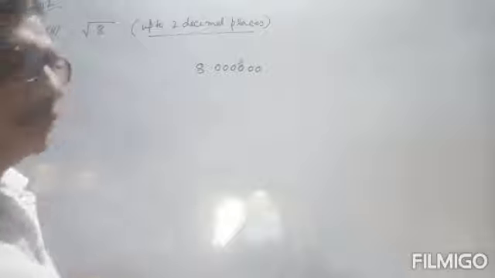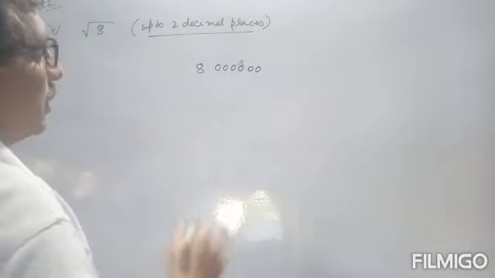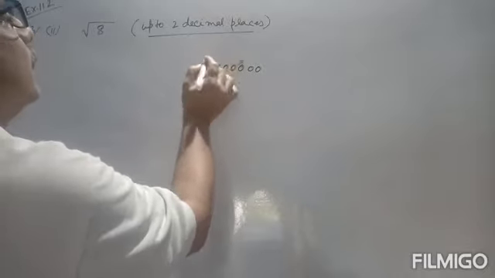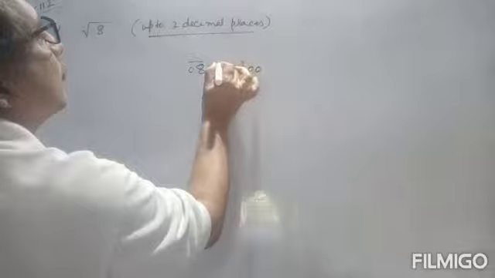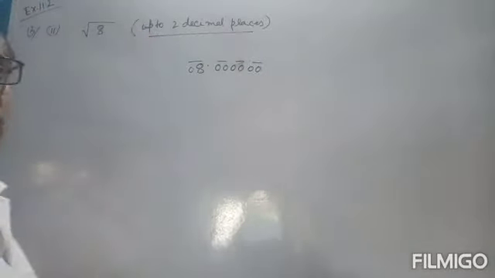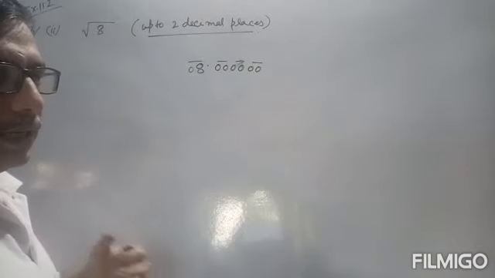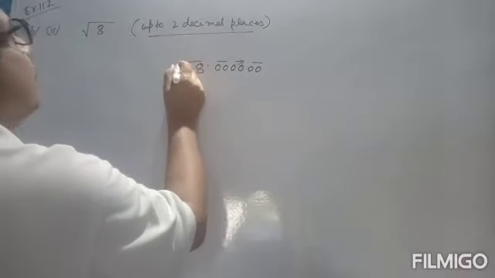Here we take 3 pairs of 0s, that means 6 zeros, from the decimal point. We have to correct up to 2 places of decimal, so obviously we first find up to 3 places of decimal, then we can approximate.